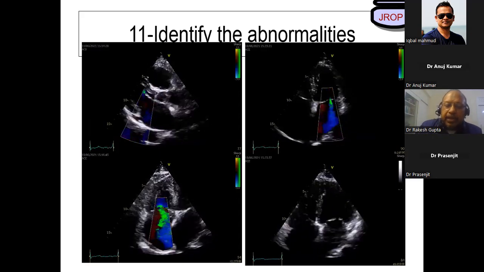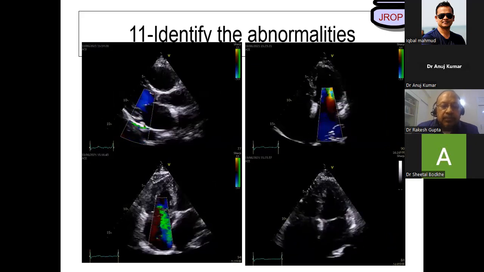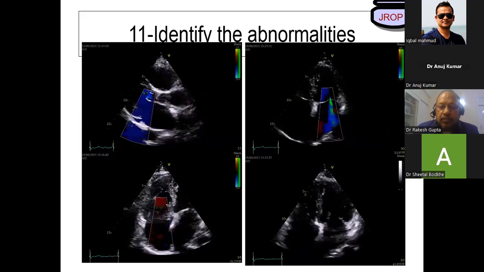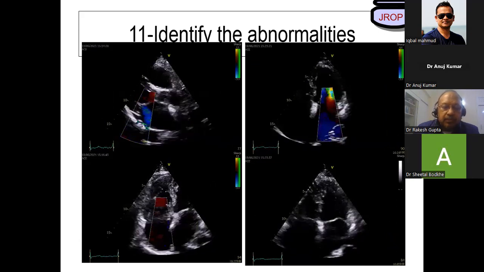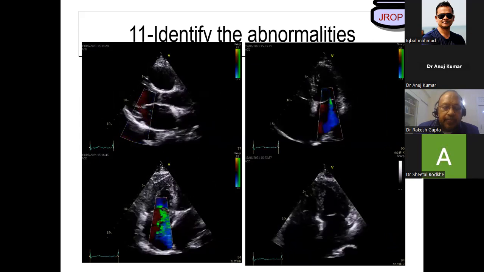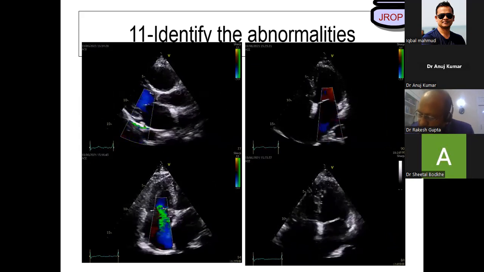Dr. Sheetal Bodke. Yes, sir. Sheetal, tell me what is the abnormality in this slide? Sir, both the atria appear dilated, and there is presence of MR and TR. TR is torrential, sir. What is torrential TR, Sheetal?